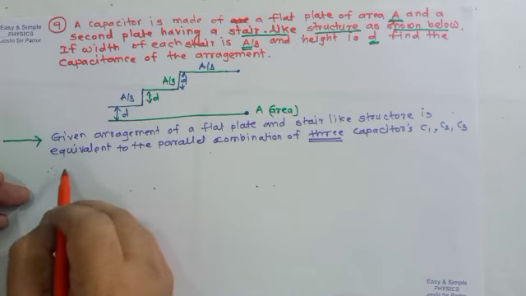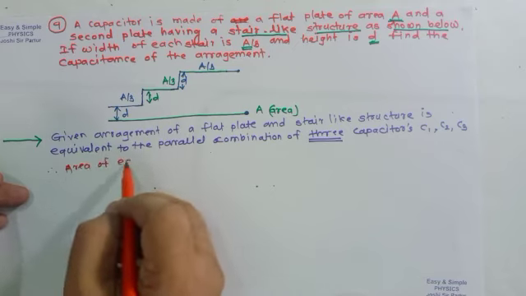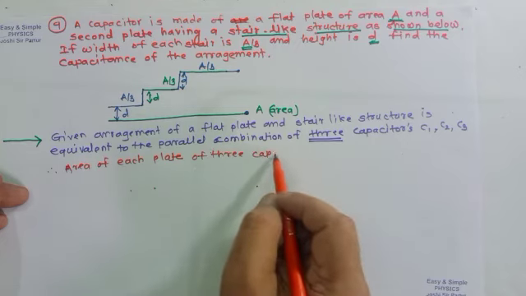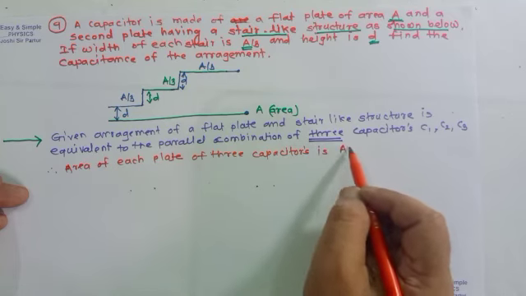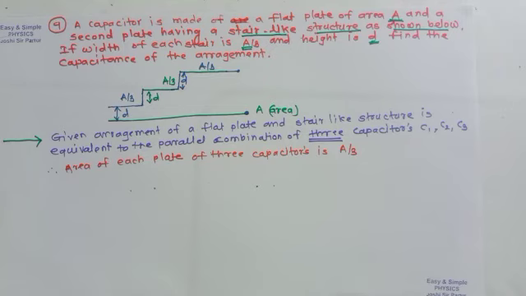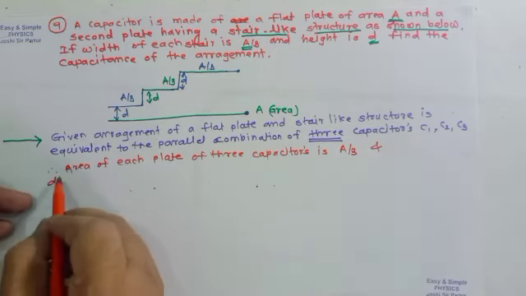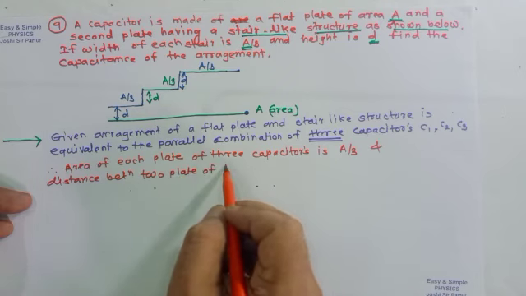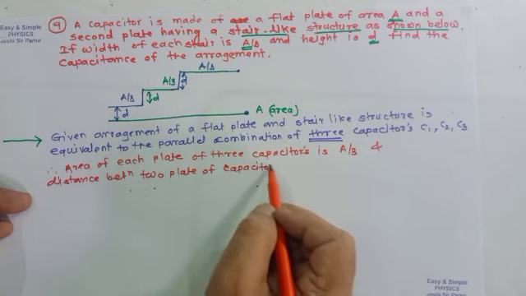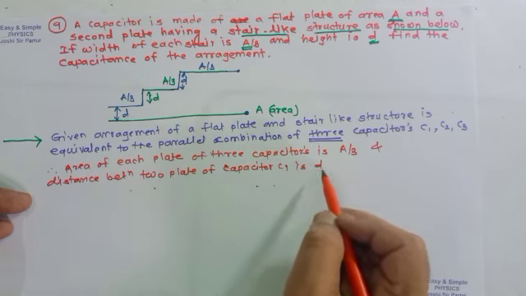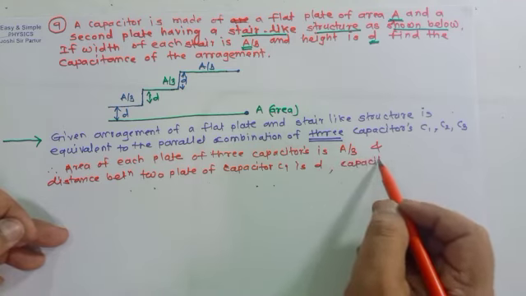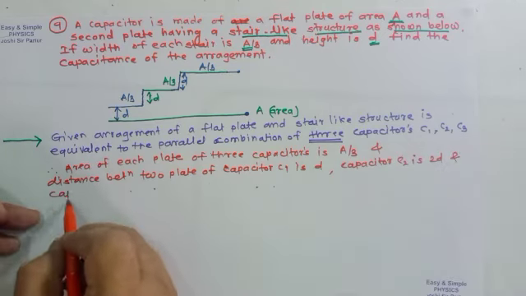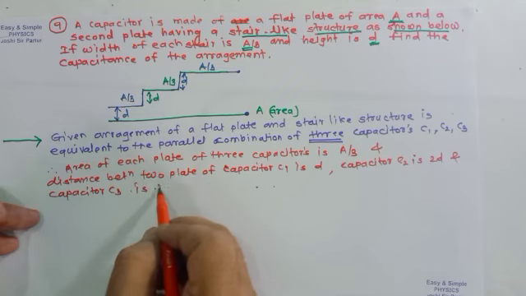Therefore, area of each plate of three capacitors is A upon 3, and distance between two plates of capacitor C1 is D, capacitor C2 is 2D, and capacitor C3 is 3D.